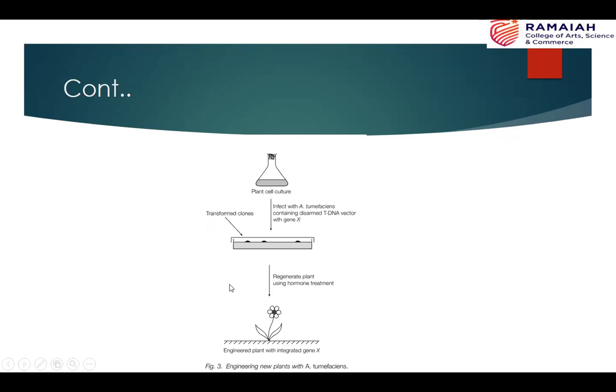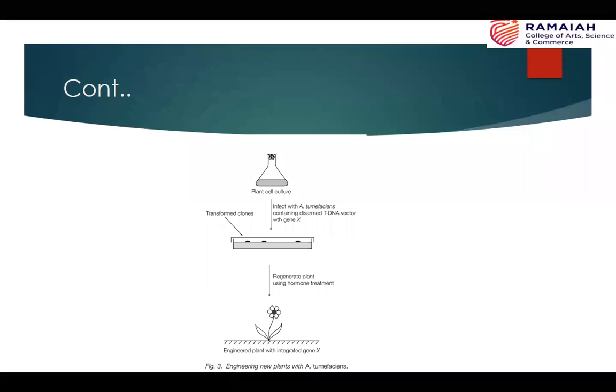So by following this procedure, you would be able to produce a genetically engineered plant with the integrated gene of interest, that is gene X. That's how this Ti plasmid vector can be used to carry the genes of interest into the host plant.